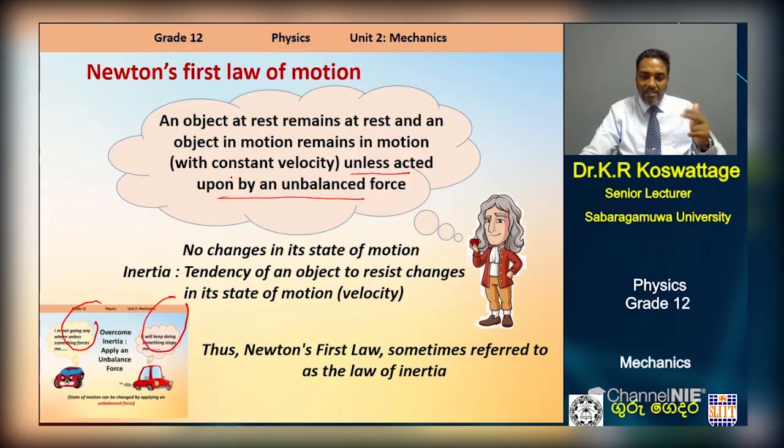So these two ideas are similar, isn't it? The tendency of an object to resist change in its motion is to keep doing what it's doing. So unless acted upon by an unbalanced force, we can say it keeps doing what it's doing. So it's the idea of inertia.